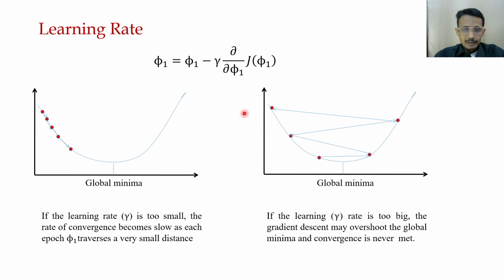So what we have understood is that the learning rate should be in between: it should not be too small and it should not be too big, so that it converges at an optimal rate and does not just keep jumping over the global minimum. We have to choose the learning rate in such a way that we can reach the global minima in optimal time.